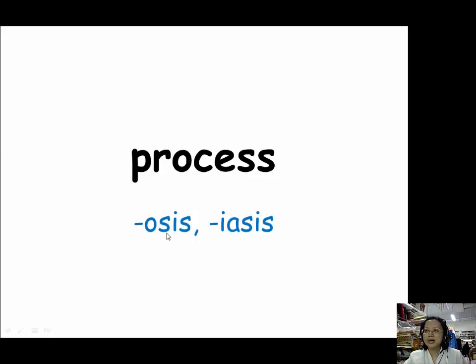OSIS is a process, especially a disease or morbid process, and sometimes conveys the meaning of abnormal increase. And the suffix IASIS is a process or the condition resulting in a morbid condition. So both of them don't mean a good process. Okay?